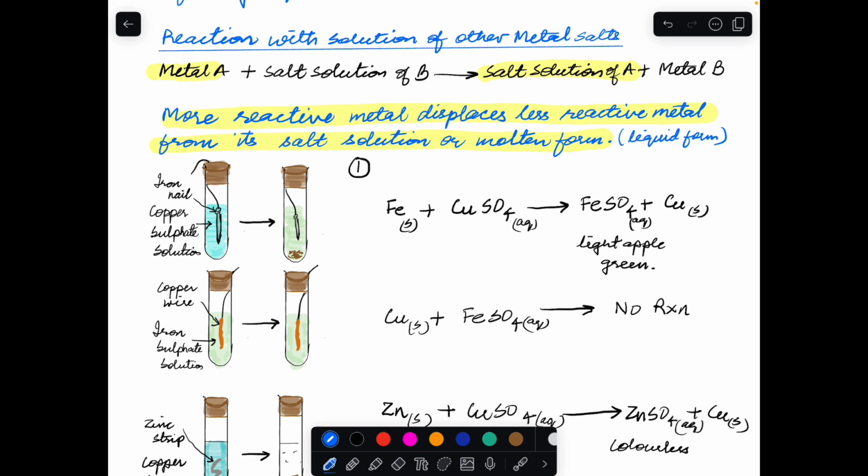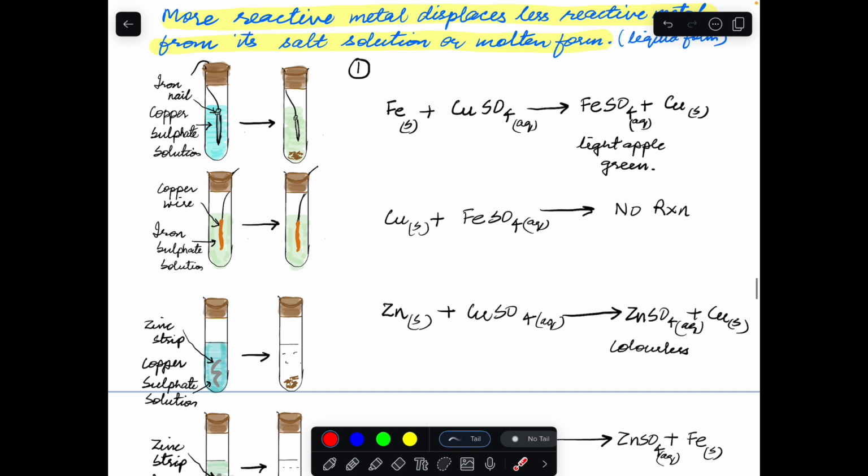So metal A in our case here is more reactive. Therefore, this metal A will displace metal B from its salt solution, and we will get a solution of metal A, and metal B will get reduced. Now here I have given you 4 examples of different combinations of metal and salt solution.